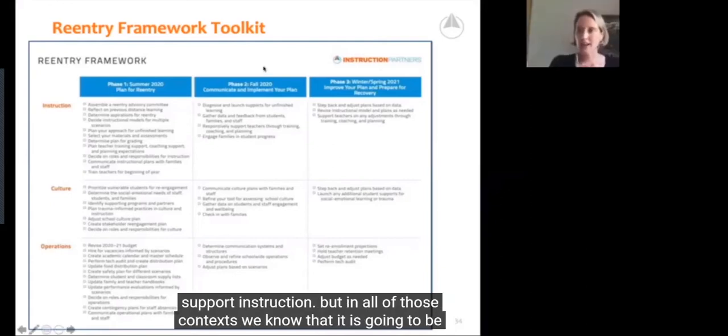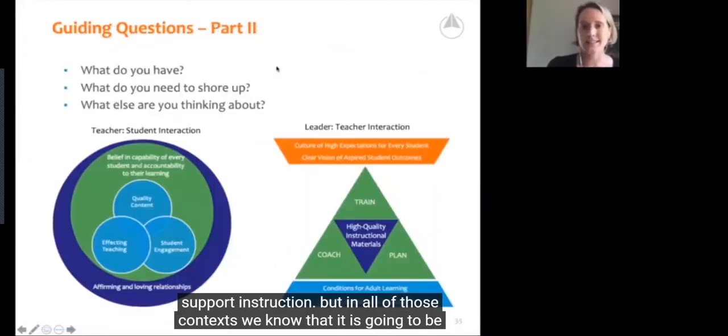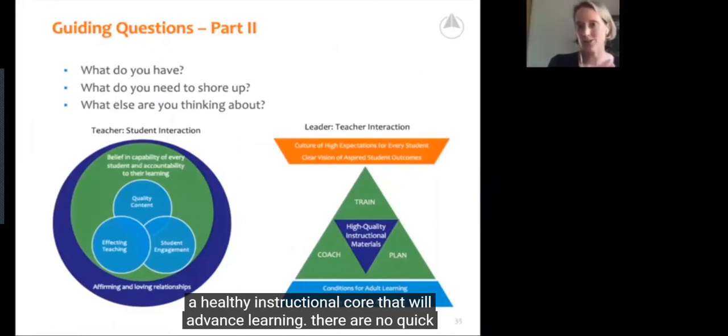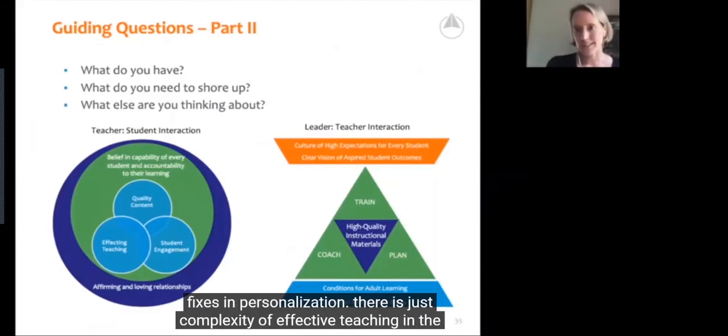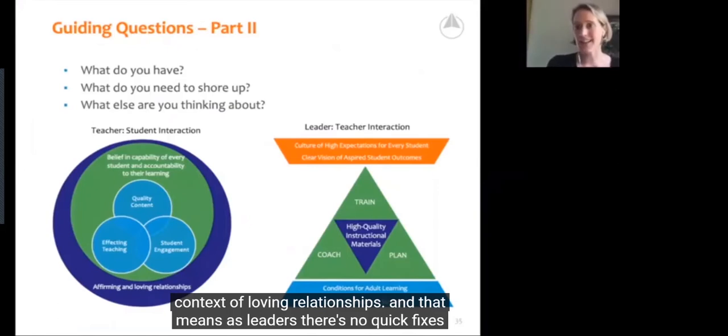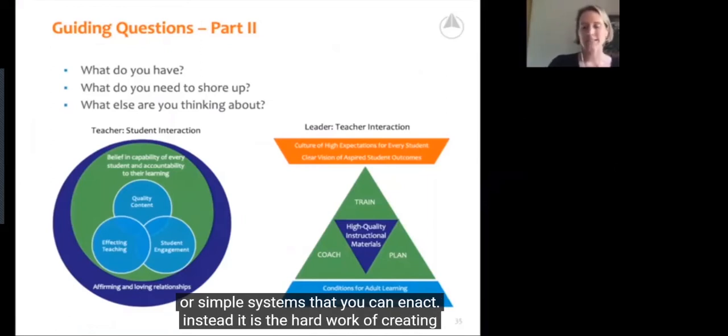But in all of those contexts, we know that it is going to be a healthy instructional core that will advance learning. There are no quick fixes in personalization. There is just complexity of effective teaching in the context of loving relationships. And that means as leaders, there's no quick fixes or simple systems that you can enact.